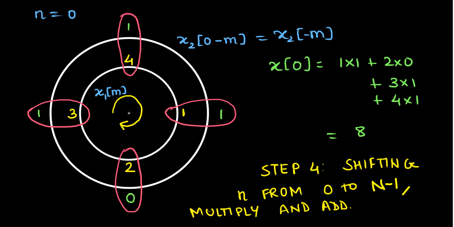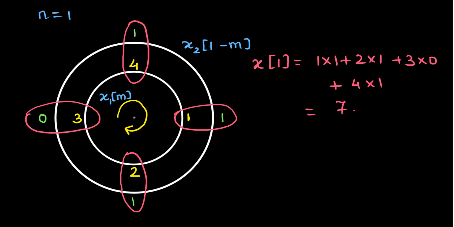Now when we need to find the value of x of 1, that is when the value of shift is equal to 1, we need to rotate or circularly shift this outer circle in the increasing direction of n, so the one which was present here will now be here and 0 would now be here. Similarly, this 1 would be shifted to this location and this 1 here would be shifted to this location.